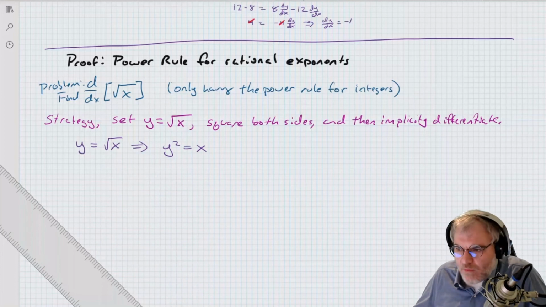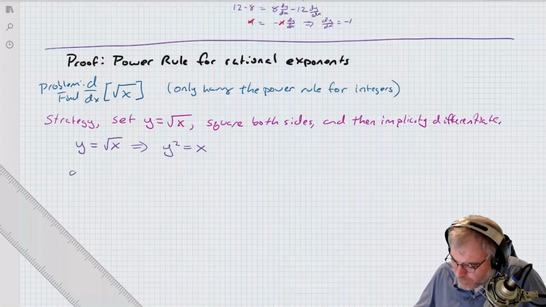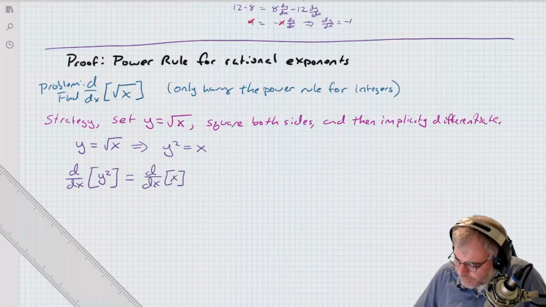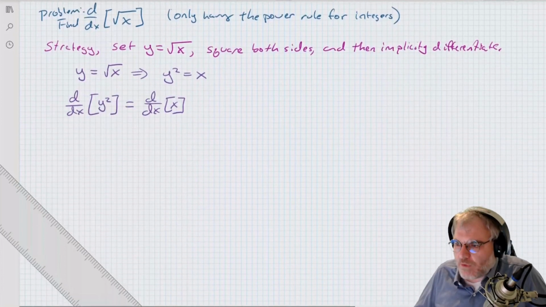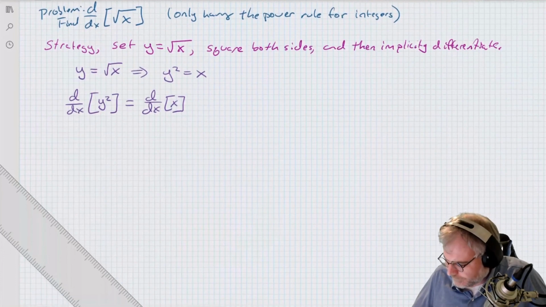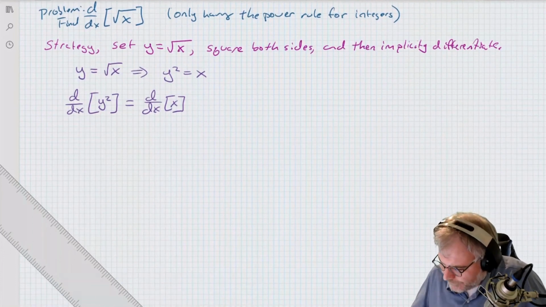Now, I have the power rule for integers. So now I take the derivative of both sides in terms of x. d over dx of y squared equals d over dx of x. Kind of cool. Okay. Well, now what do I do? Take the derivative.